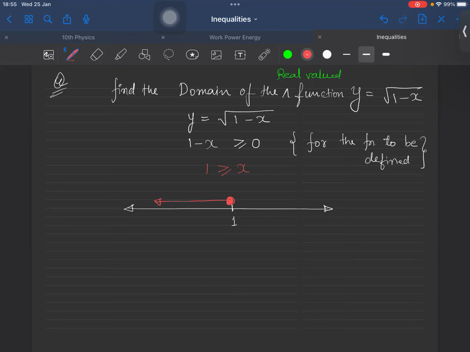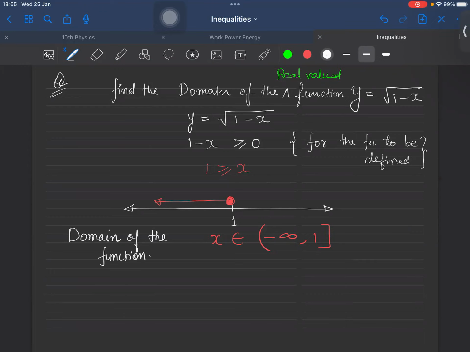So x belongs to negative infinity to 1. In 1 we are taking the value, so we'll be using a square bracket that represents a closed interval. Okay, so that's the solution. This is the domain of the function.